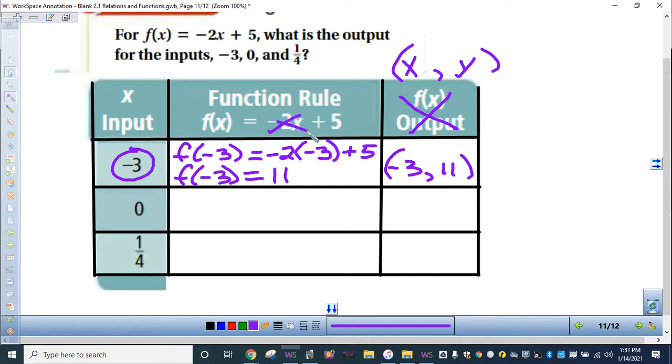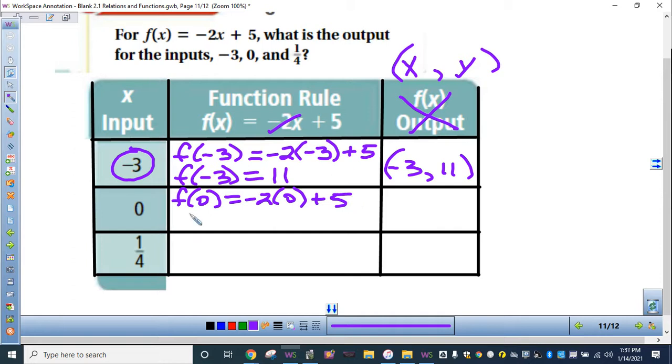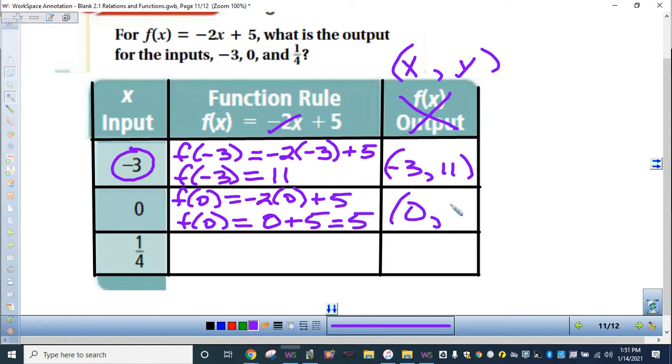Because this part's going to cancel when you plug a 0 in, and all you have left is 5. So f of 0 equals -2 times 0 plus 5. F of 0 equals 0 plus 5, which obviously just equals 5. So our ordered pair is 0, comma 5.